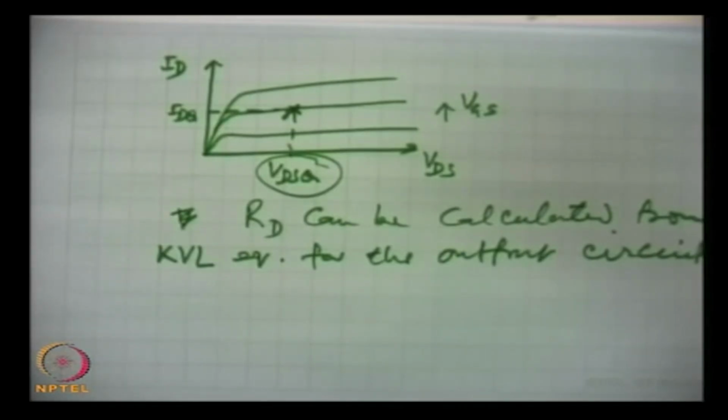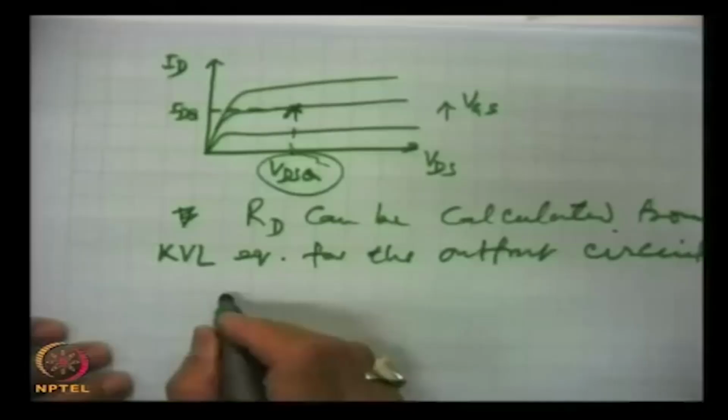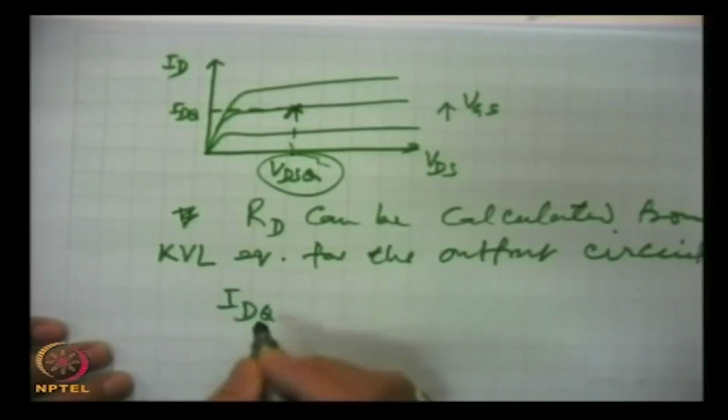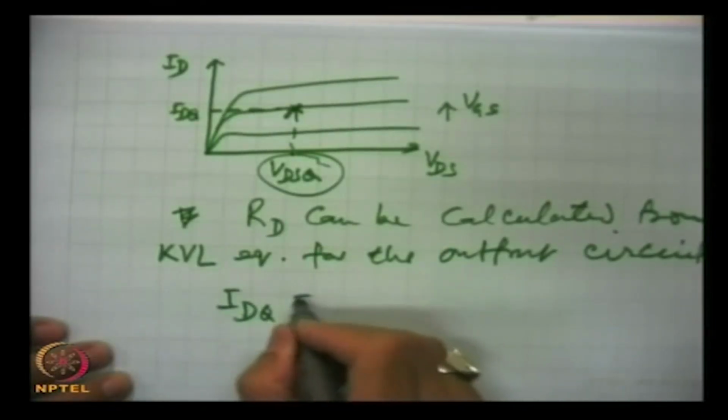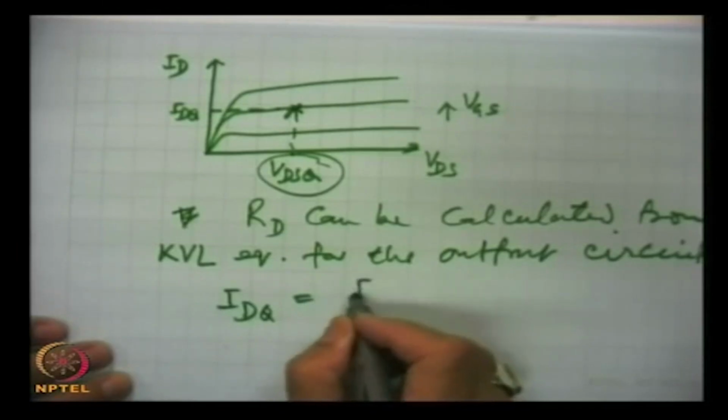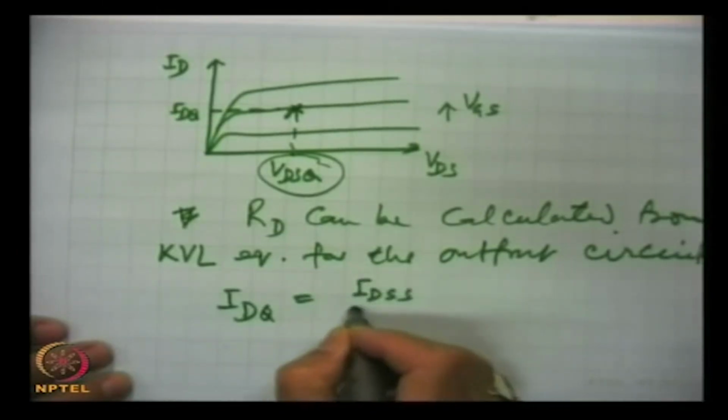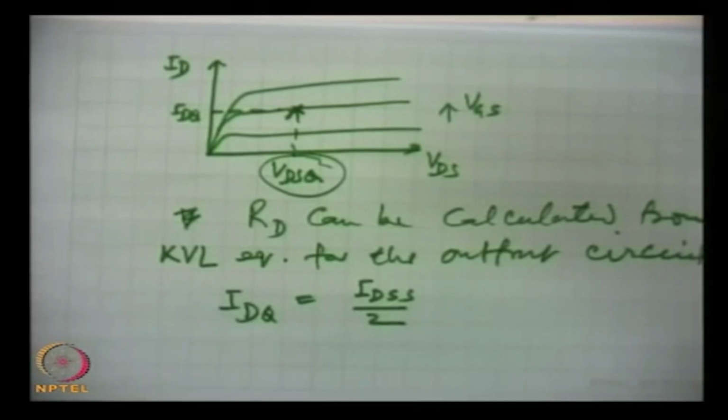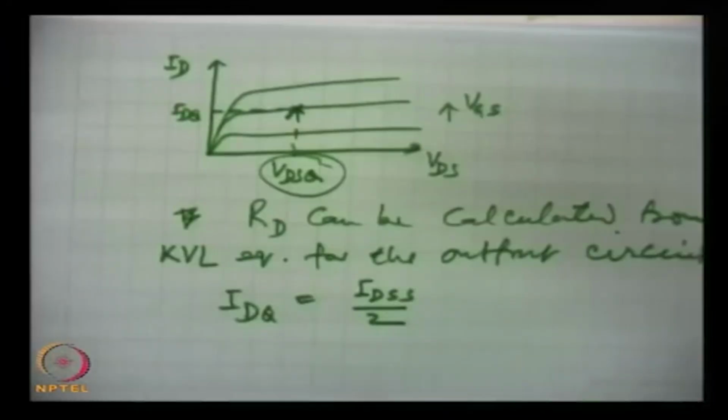There is another procedure which is often employed, and that is the thumb rule that IDQ can be safely taken as IDSS by 2. So, wherever the largest current through the device, this parameter is normally given by the manufacturer.